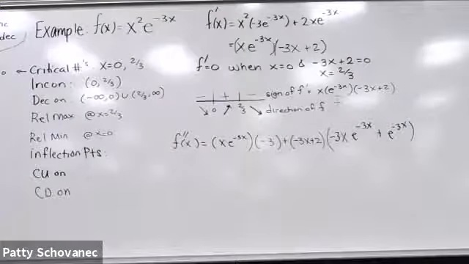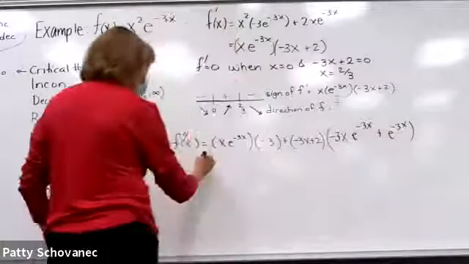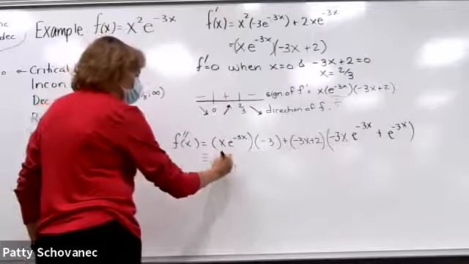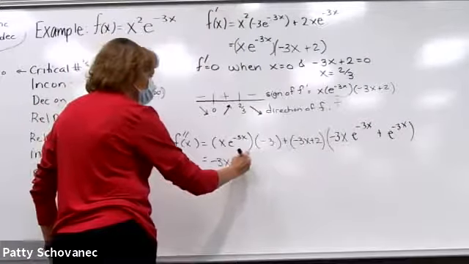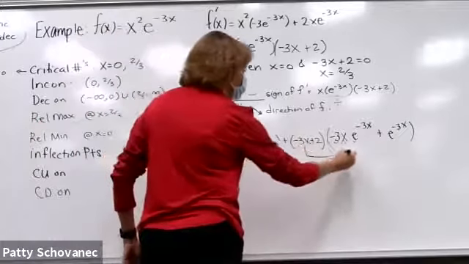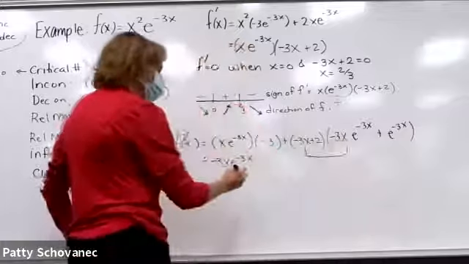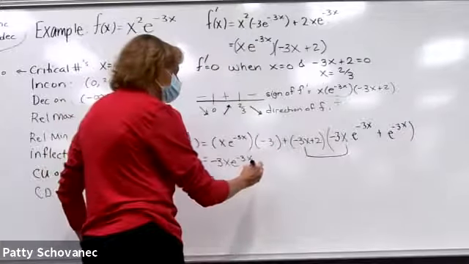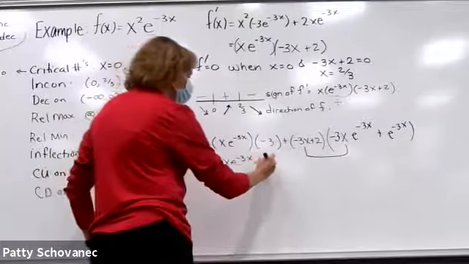I think I'll multiply everything out and then try to factor it. So when I multiply this out, I have -3x e to the -3x. When I multiply this, that gives me plus 9x squared e to the -3x.